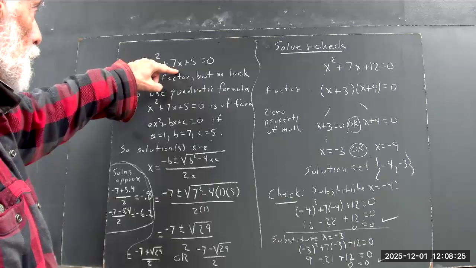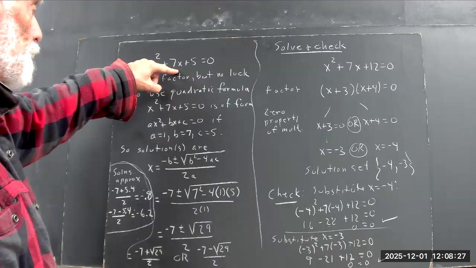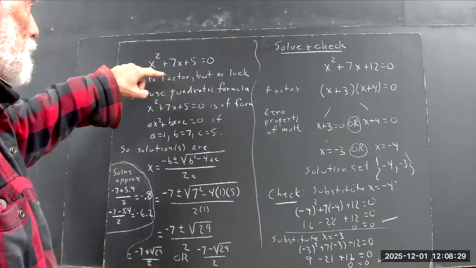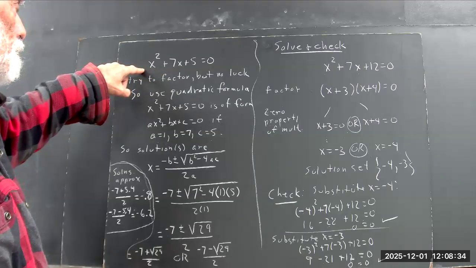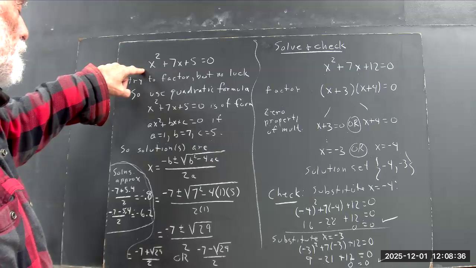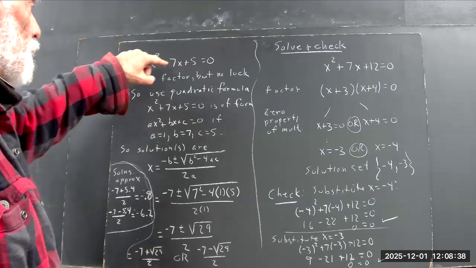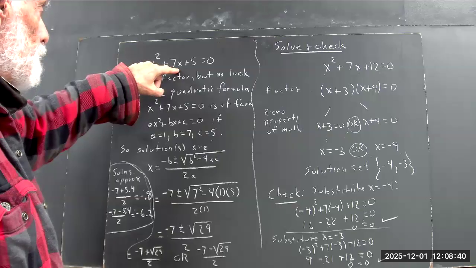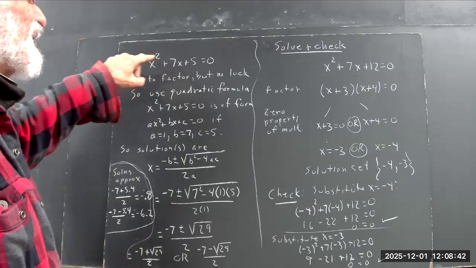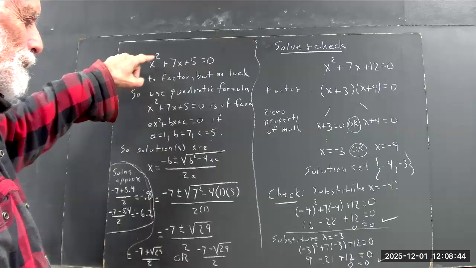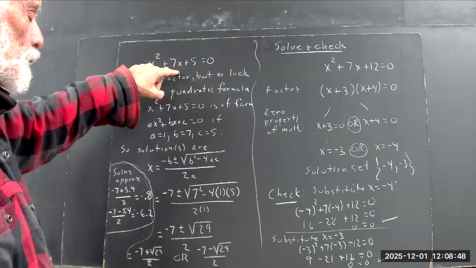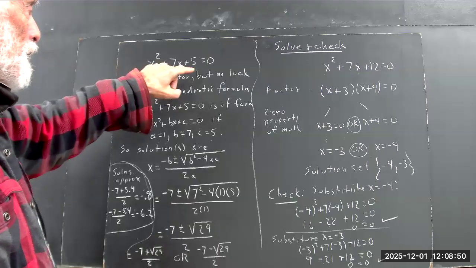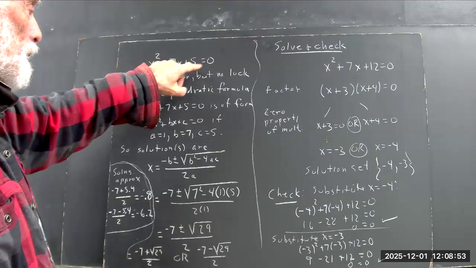This gives you something a little more than 42 for the 7x term, negative 42 or negative 43, and you add those together and you get something around negative 5, and it works out.